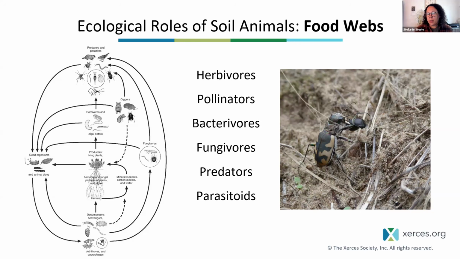They could also contribute by consuming bacteria and fungi or other soil animals, whether they're predators or parasitoids. So lots of different roles, and lots of interconnectedness throughout these animals.